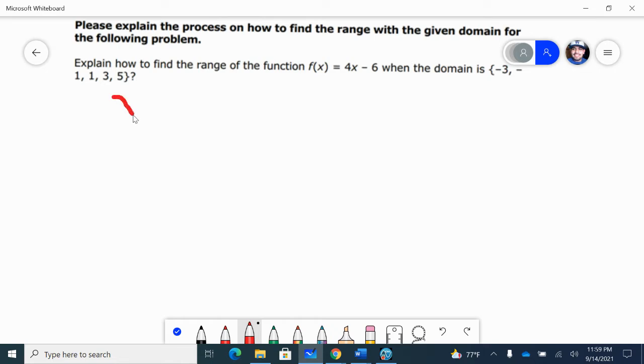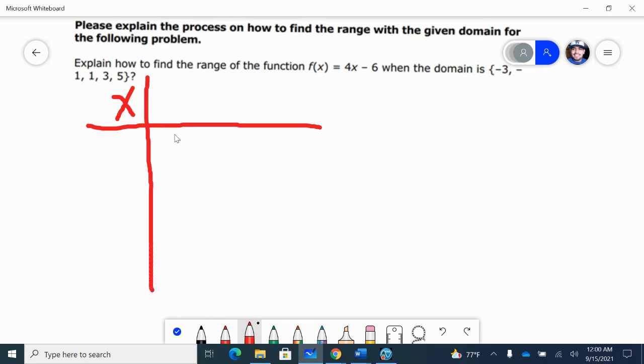So we have our inputs x, which is my domain. Now, how do we get our outputs? Well, and again, some of you guys said this perfectly, which is amazing. You said you plug in or you substitute the input into the x.